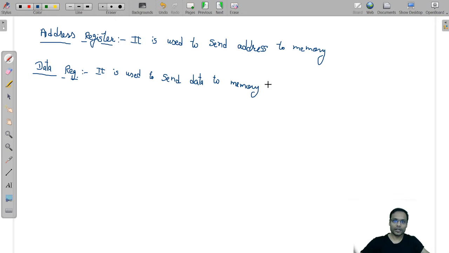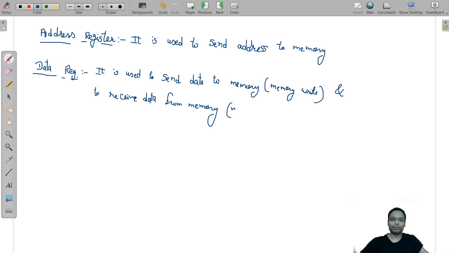This happens when you have the memory write operation, right? And to receive data from memory. In bracket, I can write memory read operation.